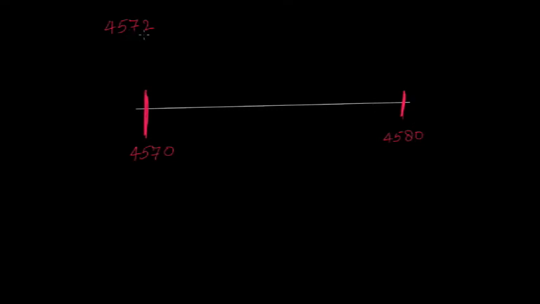Because this 72 will come between 70 and 80, and in between would come 4575. Now your number is 4572, so the next number is 4571, and 4572 would come here, somewhere here.